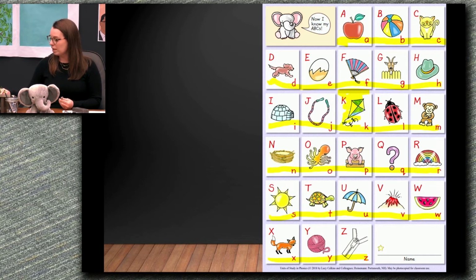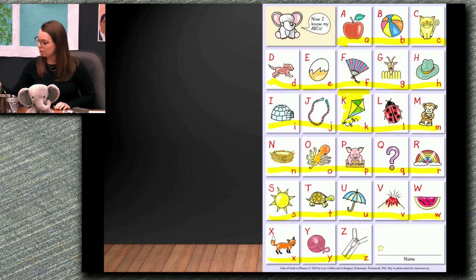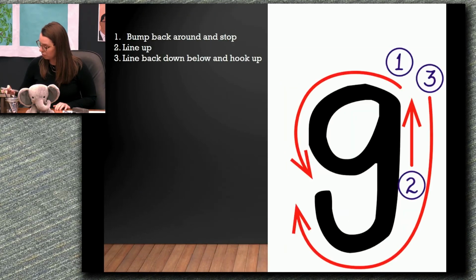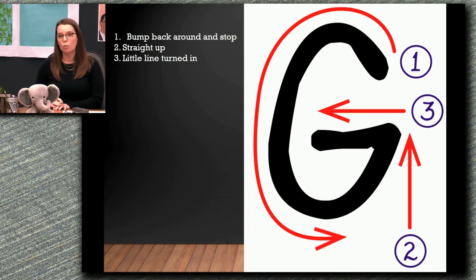Now, let me erase all of this so we can focus on our new letters. Actually, I'm going to get back into G. We learned that G says G, like goat and guitar. What are some other words that you can think of that start with G?